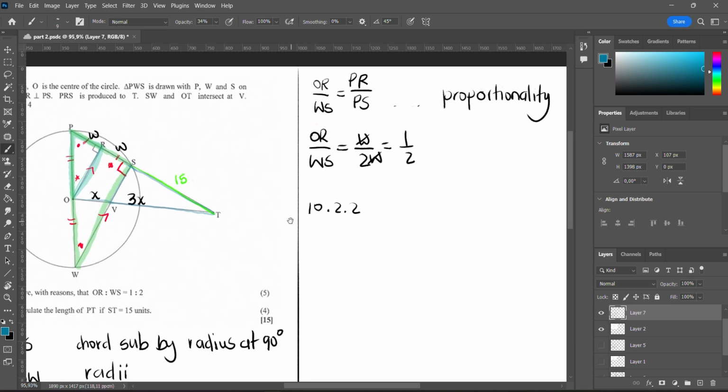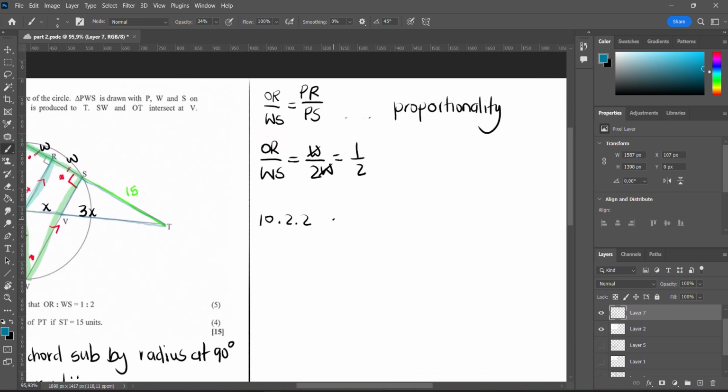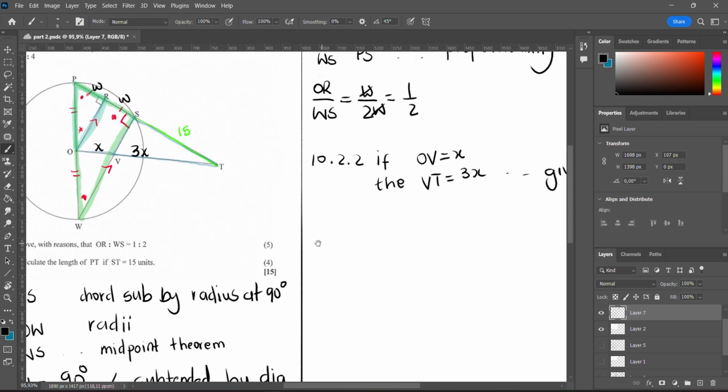So I don't need that much, but I need this information right here that I'm given. So I know that if OV equals X, then VT would equal 3X, and that is given, right?